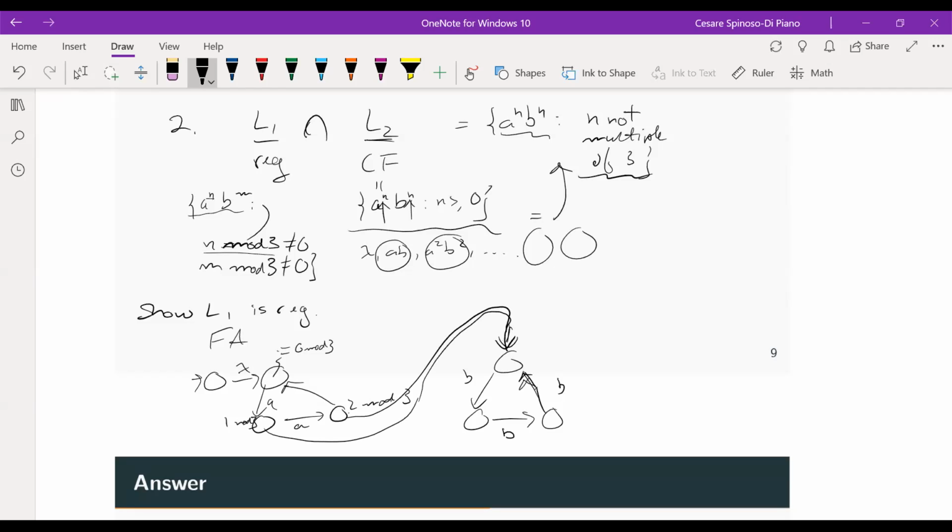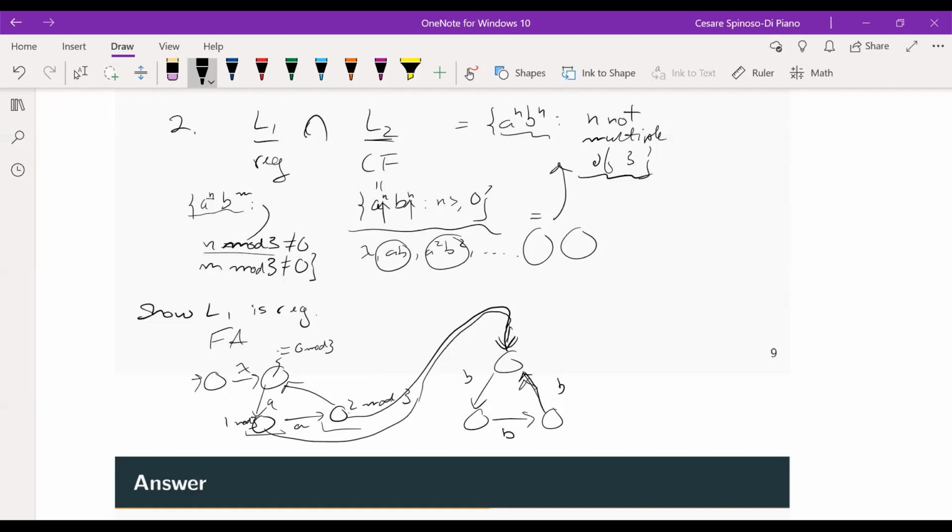Hopefully you see what's going on. I'm going to have a non-multiple of 3 a's, so either 1 mod 3 or 2 mod 3 a's, and then from either of those, I go to the same machine where you get mod 3 b's.